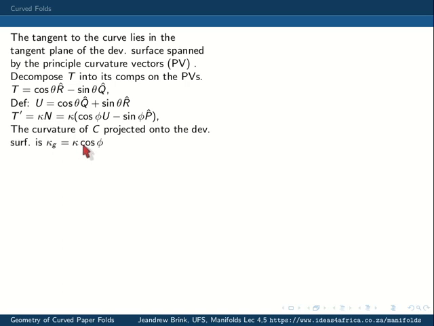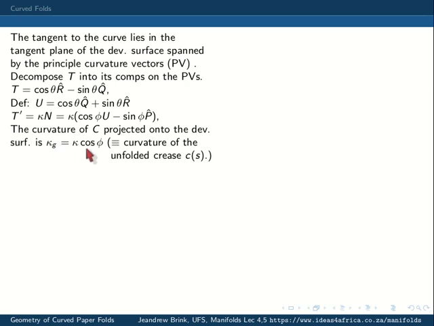And that is basically equal to the curvature of the unfolded crease, namely the crease that you actually drew on your page. So kappa G is the flat curve curvature. And just kappa is the curvature for the 3D curve.